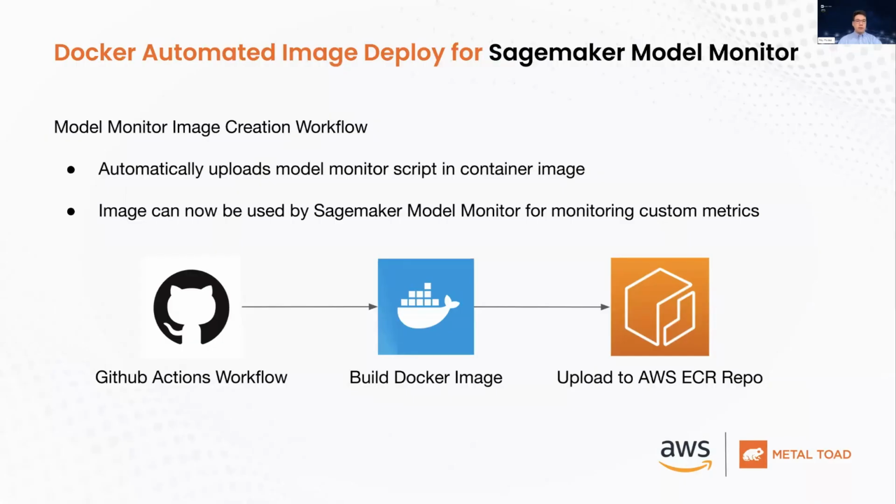To deploy a custom model monitor metric to AWS, we developed a GitHub Actions workflow and pipeline to create a Docker container image with that script on it, and upload it to an AWS ECR, Elastic Container Registry, repository, to then be referenced by a model monitor job when we need to make one.